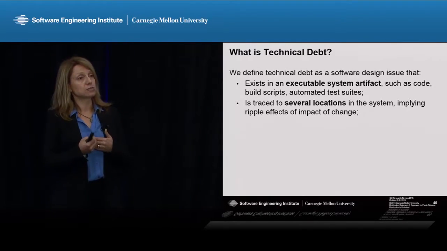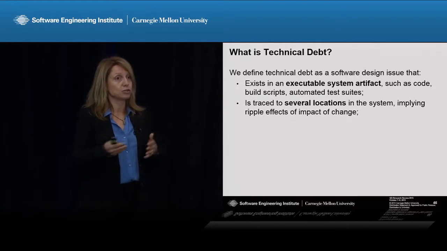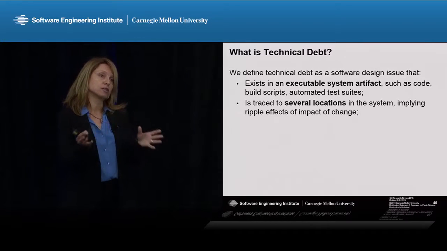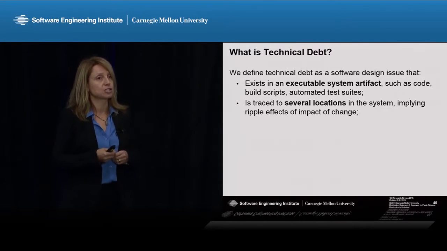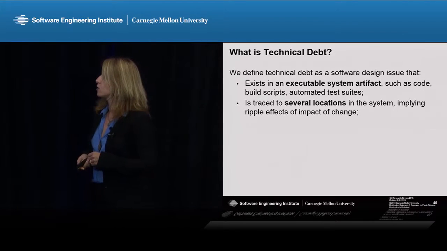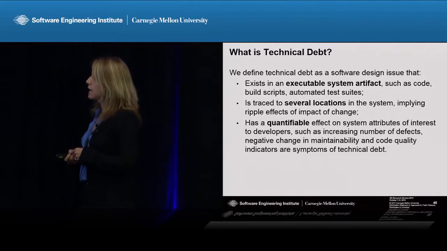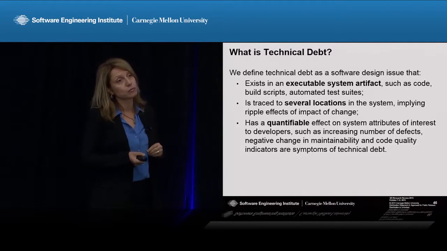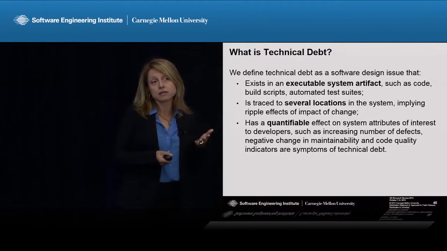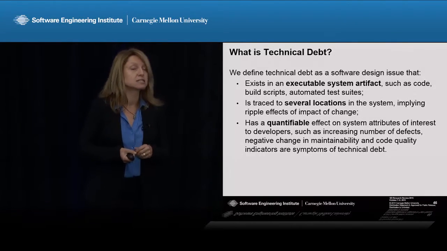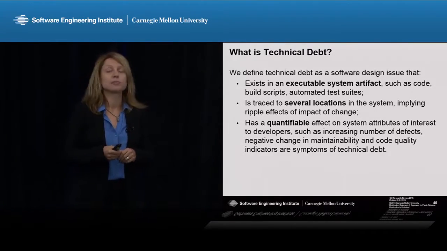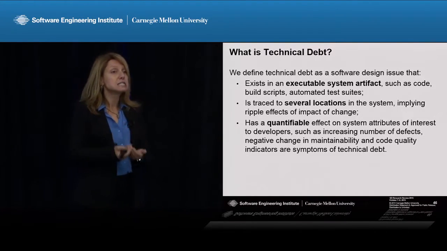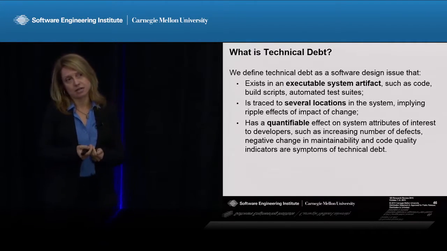This could be as a result of impact of change, to what extent you need to make the change throughout the system, or the change could be simple, but because of all the dependencies in the system, if you don't make that change, you might observe a lot of impact throughout. And last, there is a quantifiable effect of technical debt that is observable by the developers and the stakeholders. This could be an increased number of defects, an increase in the number of changes that need to happen, or areas of maintainability that it's creating. But all of these are symptoms of technical debt. By themselves, they are not technical debt.